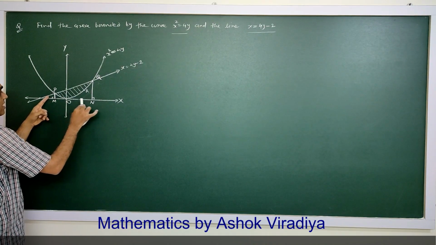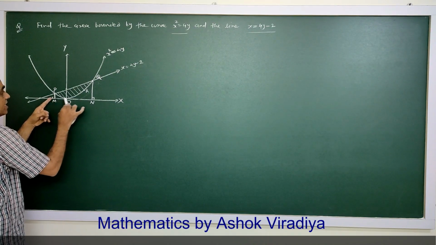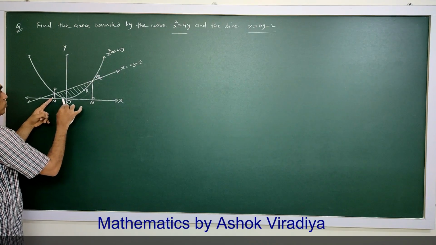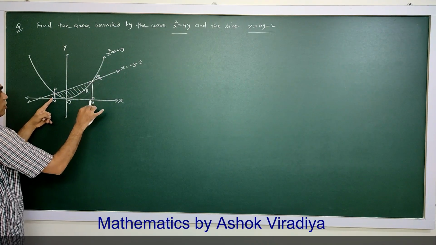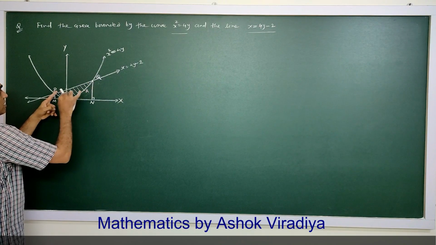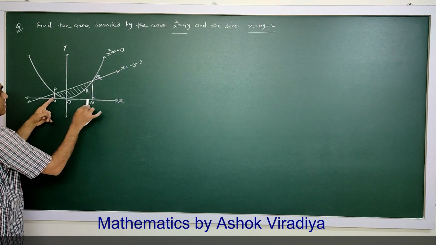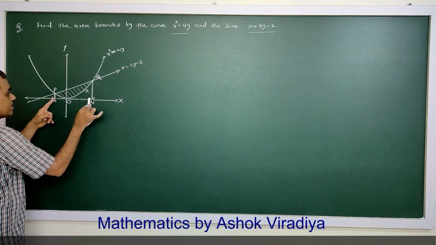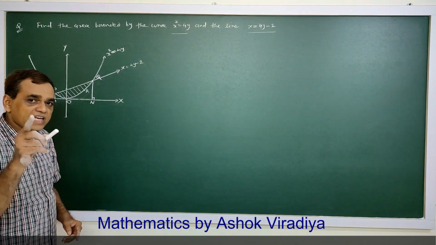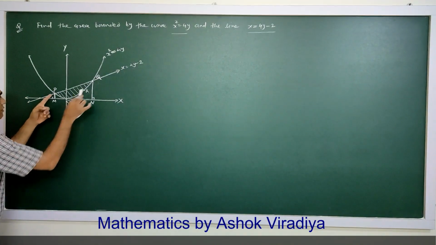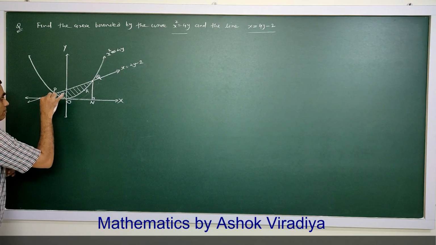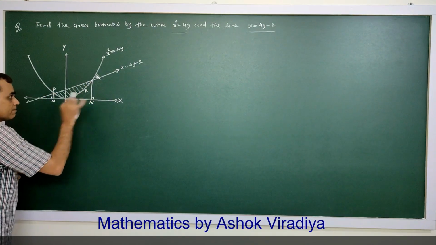And you can see that here the x-axis is a boundary. So the area of this region, bounded by the x-axis, we can calculate using dx, and x from this number to this number.